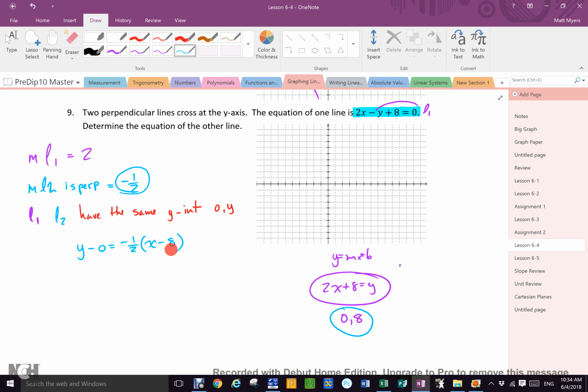Would I be right? Is that point-slope form? Yeah. So would you write y minus 0? You write y. Everybody happy? Easy peasy lemon squeezy, yeah?